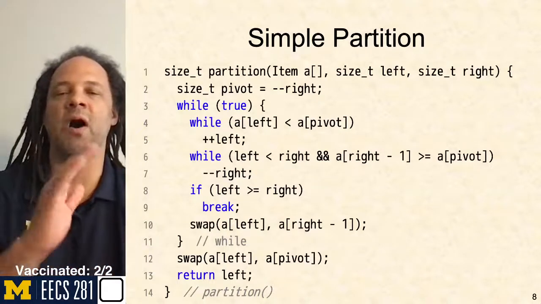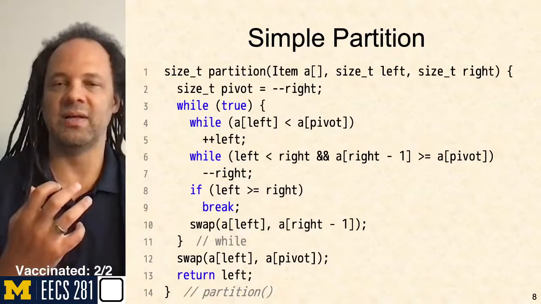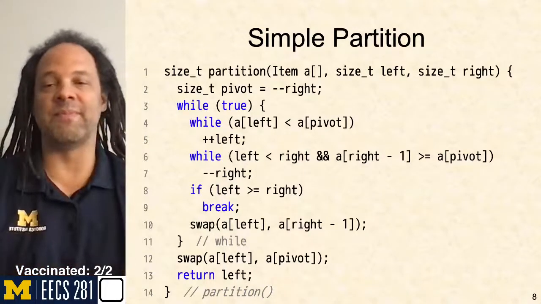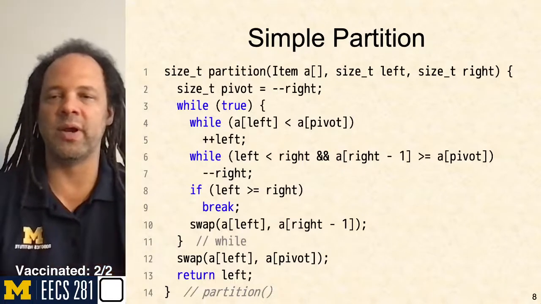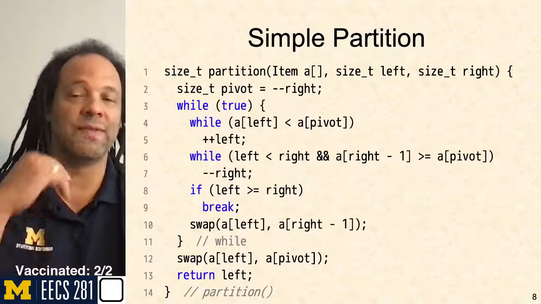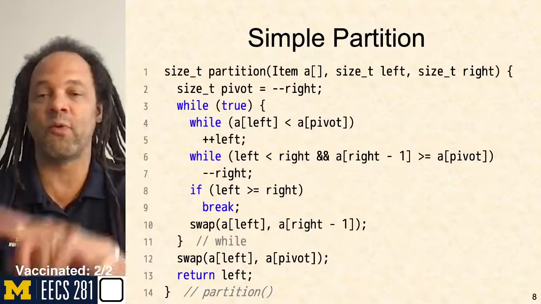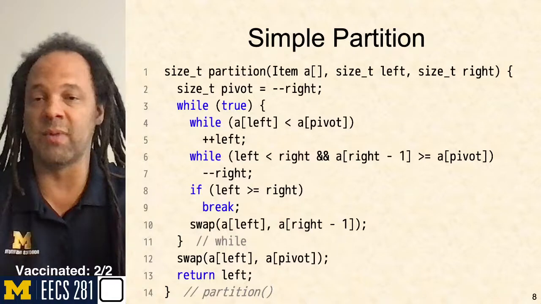So I keep moving on as I see things smaller than my pivot until I find something that's not smaller than my pivot. Now I found something in the left-hand side that's big. What do I want to do? I want to swap that out of there. What's a good thing to swap that with, though? A good thing to swap that with is something from the right-hand side that's small. Because the things in the right-hand side are supposed to be large.